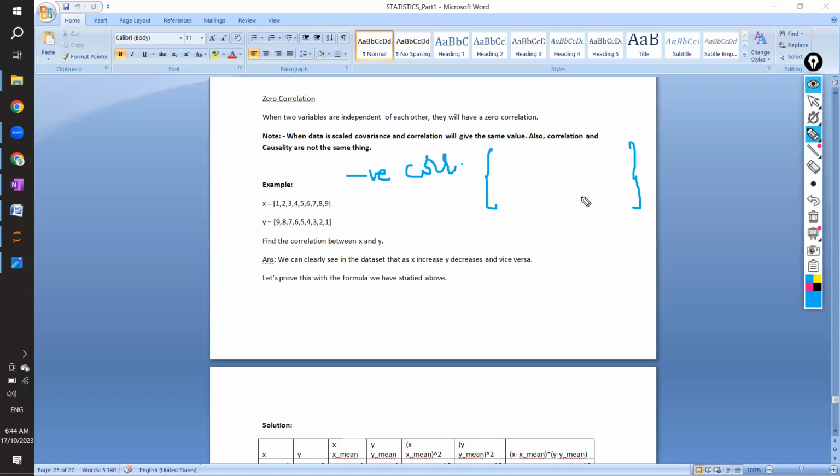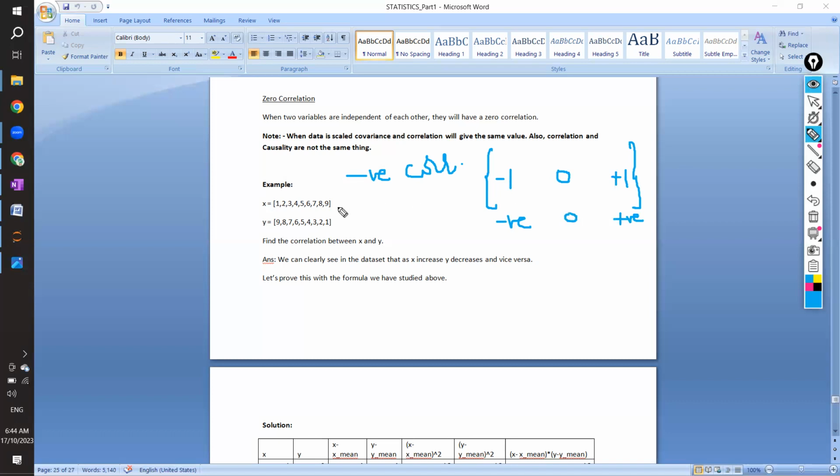Okay, yesterday we discussed this, right? The correlation range is from -1 to 1. -1 is for the negative correlation, +1 is for the positive correlation, and 0 is no correlation.